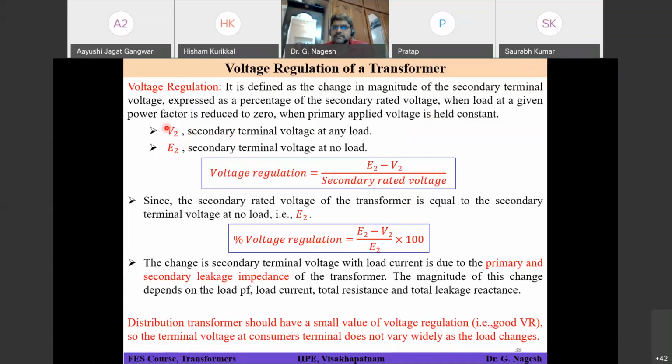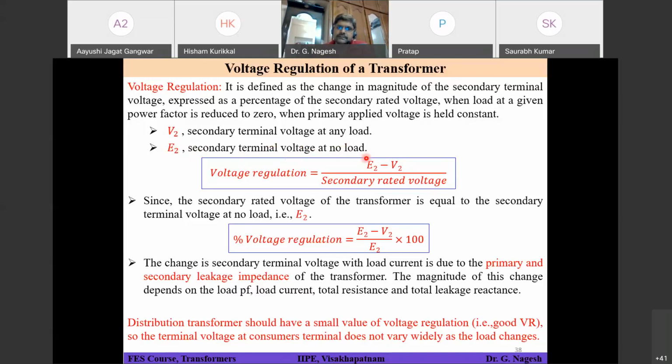We have already seen, right? At the load terminals, you will have V2. When the load is not connected, you will call it E2. They are not going to be the same, V2 and E2. V2 is the secondary terminal voltage at any load, and E2 is the secondary terminal voltage at no load.